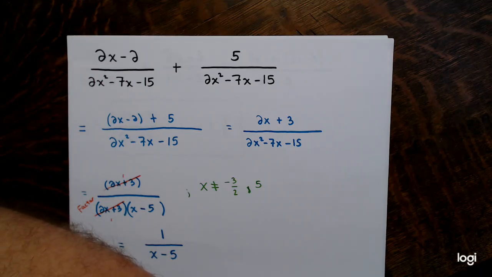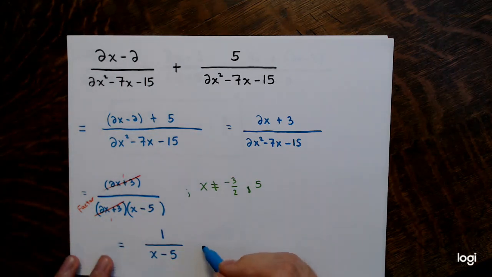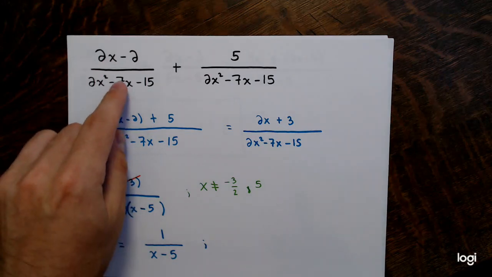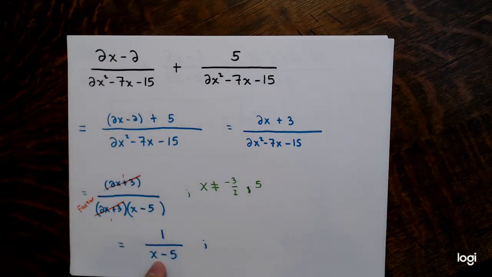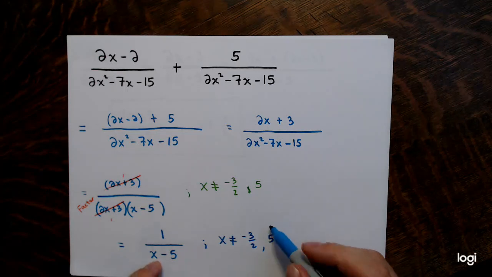Alright, and then also I like to put what's not allowed, right? So this fraction plus this fraction will equal this fraction, as long as x is not negative 3 halves and as long as it's not 5.